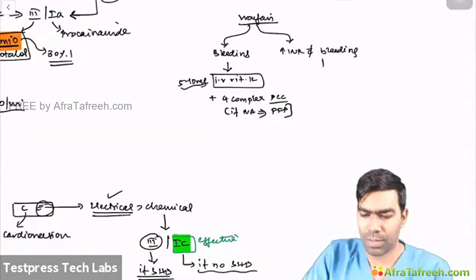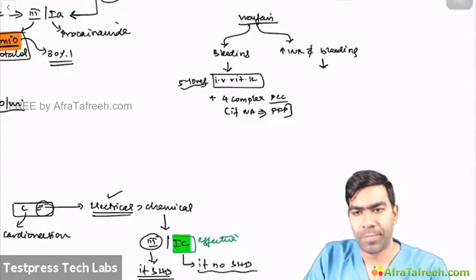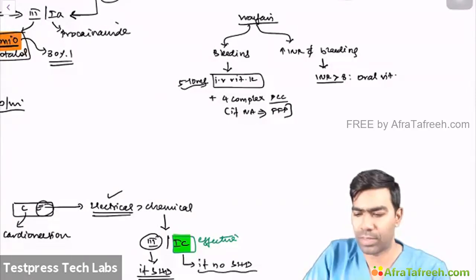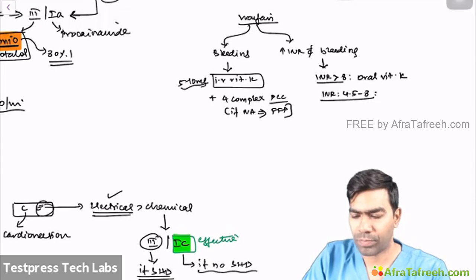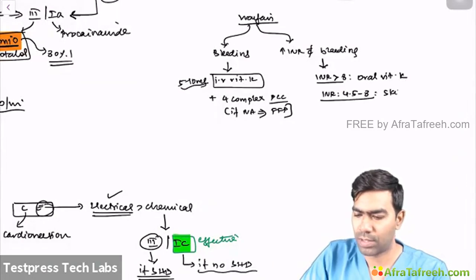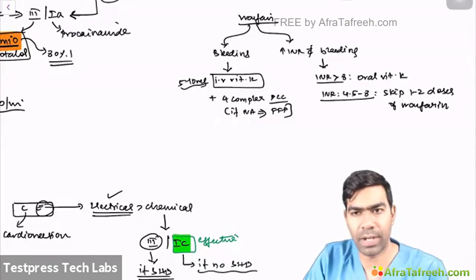That's all. So if the patient is having only increased INR without a bleeding, then you have to see what the INR is. Suppose the INR value is more than 8, in this setting you can give oral vitamin K. If the INR is somewhere around 4.5 to 8, you can wait and skip 1 to 2 doses of warfarin, and review the patient again with a repeat INR.